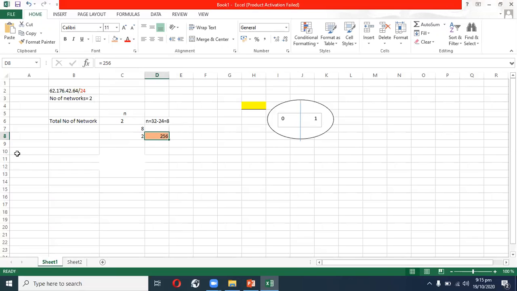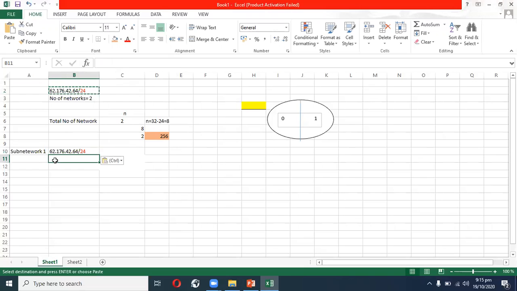So how can we do that? Let's say subnetwork 1. How can we find subnetwork 1? Let me copy the IP. So this is /24.